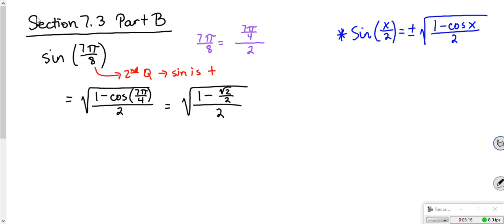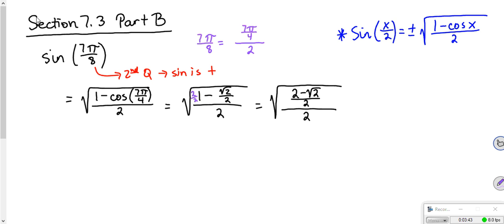Now, this gives us square root of 2 minus root 2 over 2. If I combine like terms on the top, I'm not going to go over all the steps of that. I did that many, many times in section 7.1 and 7.2. It's like we had to multiply this first fraction by 2 over 2, so we could have common denominators and combine them together.